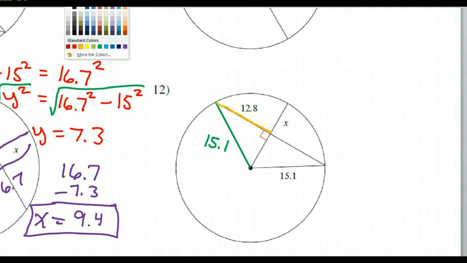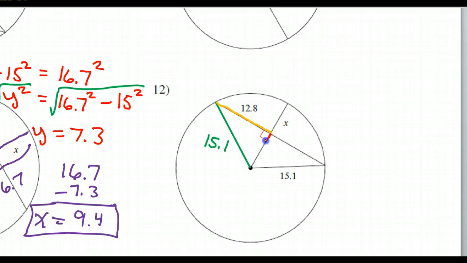So I should be able to find this red side right here, no problem. Once again, I'm going to go ahead and call it y, because x is already taken. And bottom line, once I find it, I can just subtract it from the 15.1, and that will give me the missing x part. But first we got to find it.